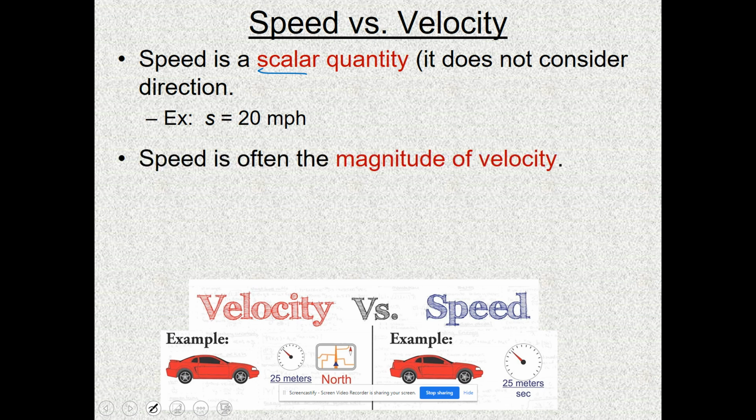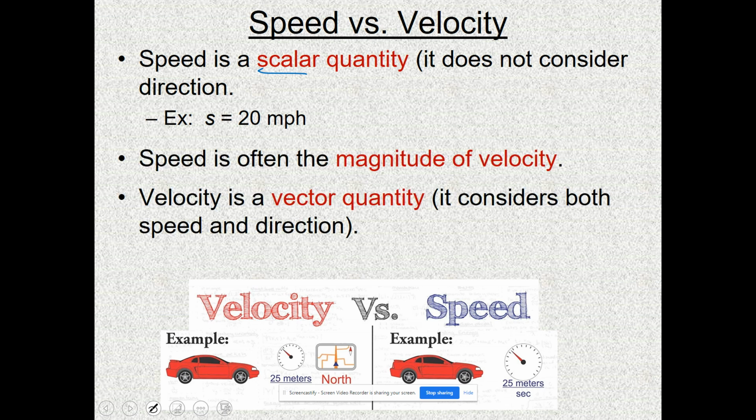This is different than something like velocity, which is a vector quantity. And a vector quantity is one that has both a magnitude and direction. So you have to add direction in there, not just a number that shows how much, but which direction you're going as well. So velocity is a vector.